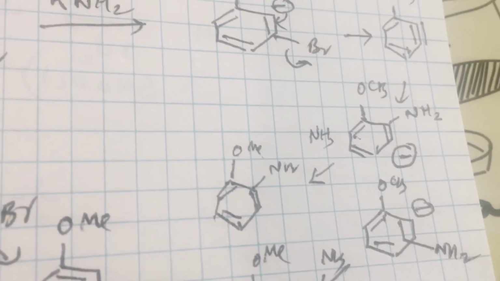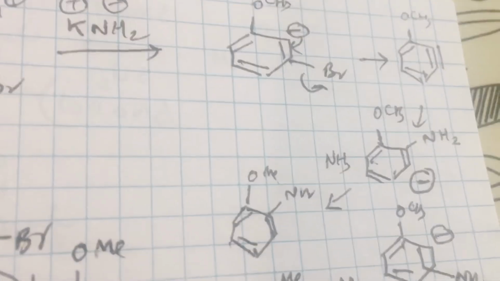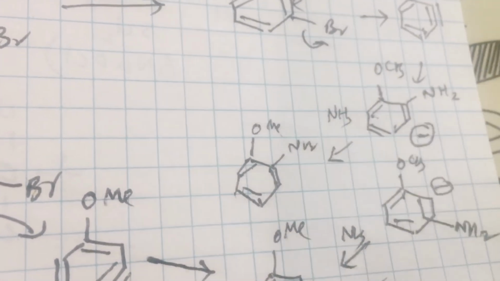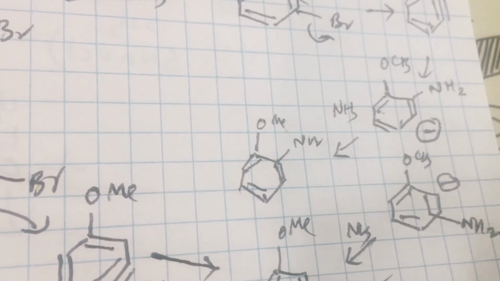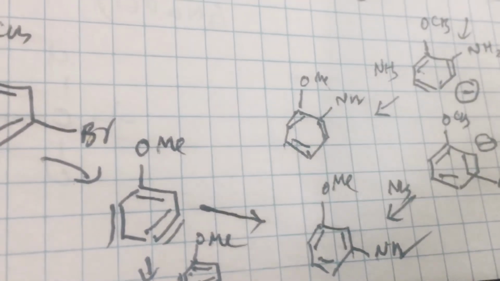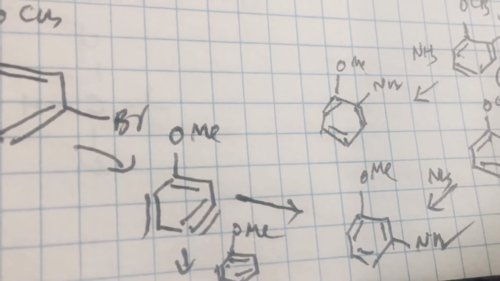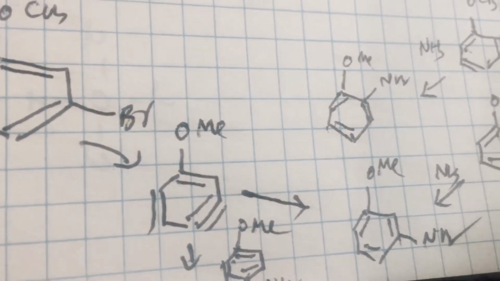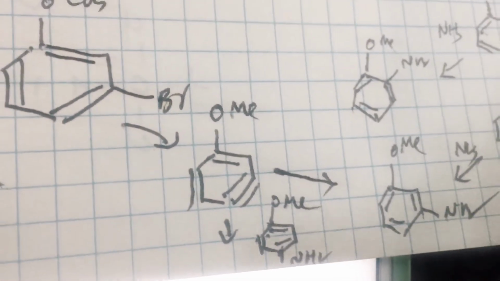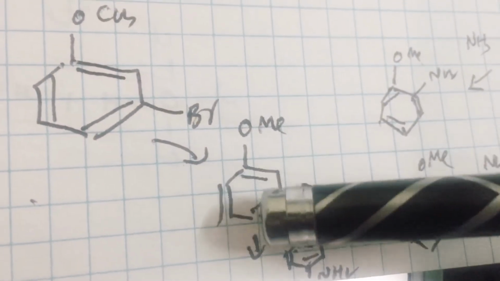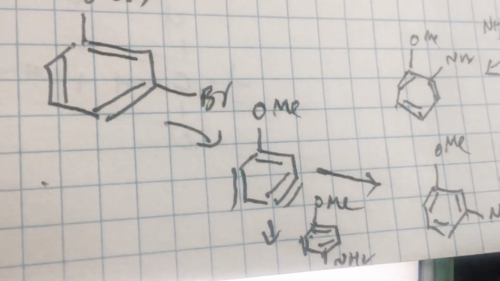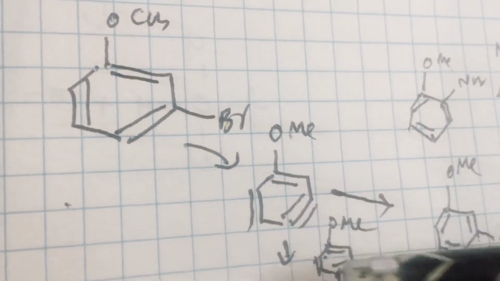Otherwise this benzyne intermediate can make a carbanion in a different position to give you the meta substituted product, which is the major. Similarly, the benzyne intermediate can form in this position that can eventually lead to the formation of para substituted product.